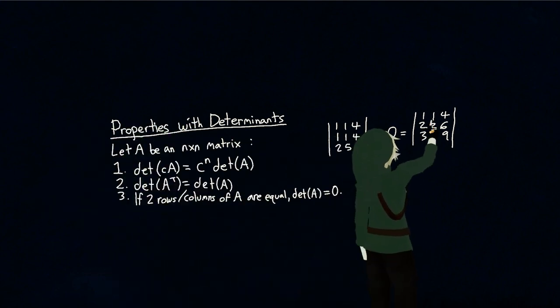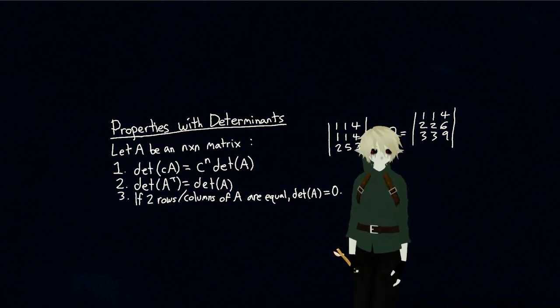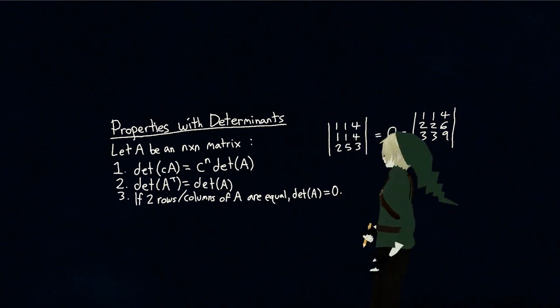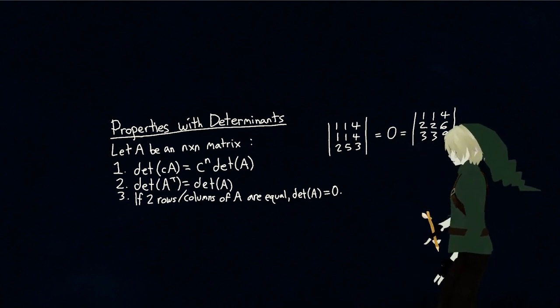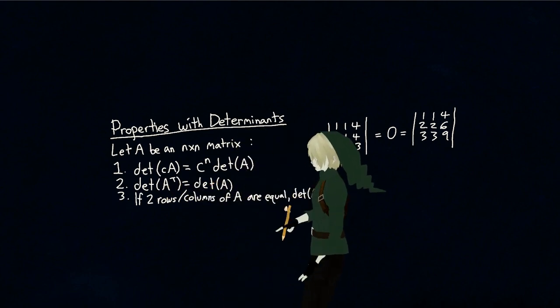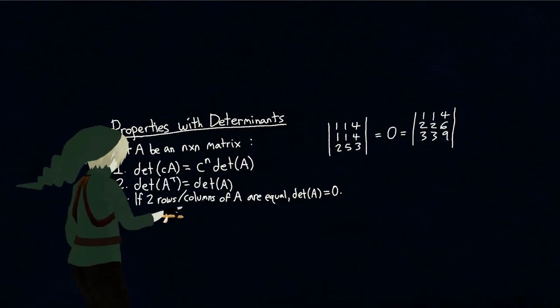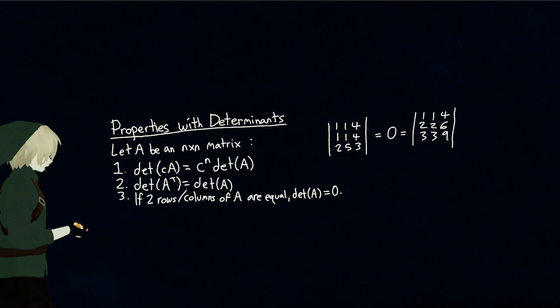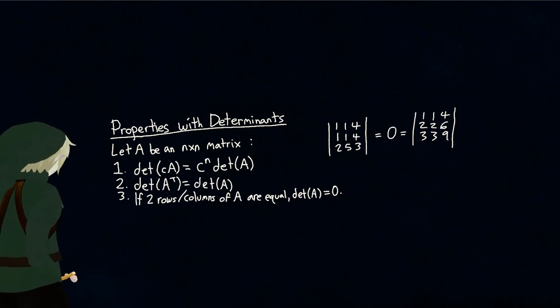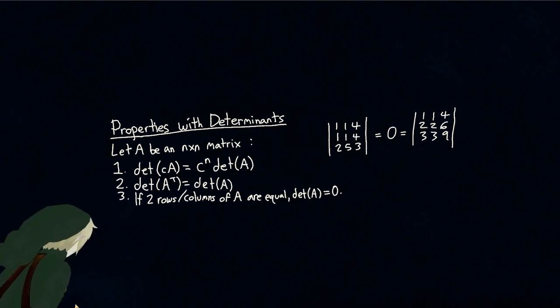So if I transpose this, instead of having 2 columns that are the same, you get 2 rows that are the same. And when you have 2 rows that are the same, it equals 0. Okay? So thank goodness for this property. So, if 2 rows or columns of A are equal, the determinant of A is also equal to 0.